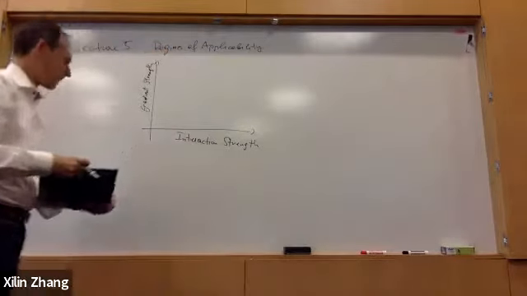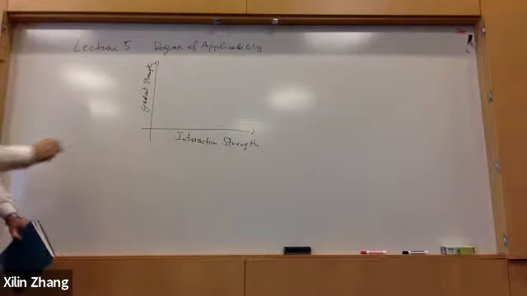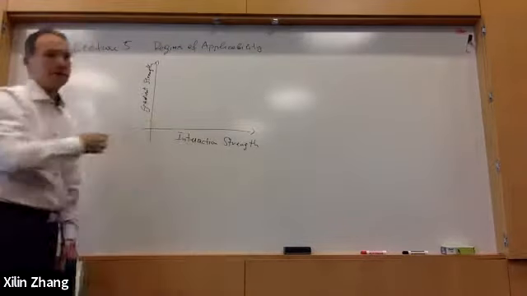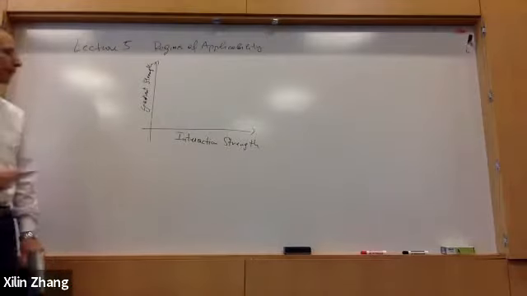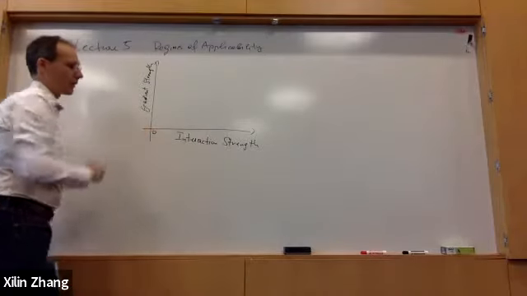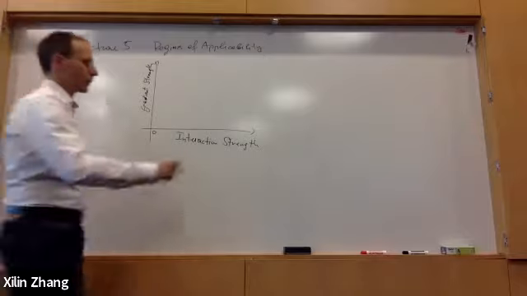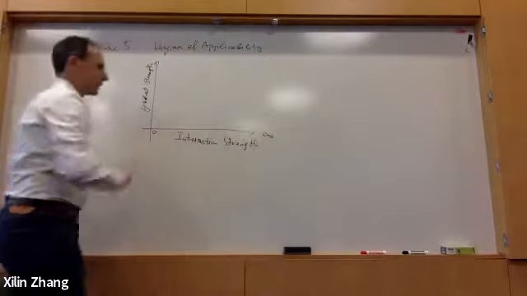The idea behind this diagram is that we can think of quantum field theories that either are very weakly coupled, so they have very small interaction strength, or they're very strongly coupled, so they have infinite interaction strength.